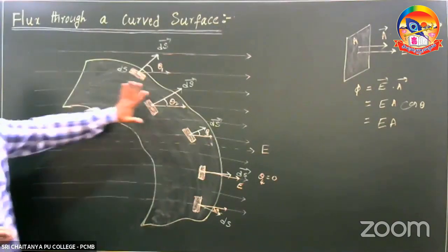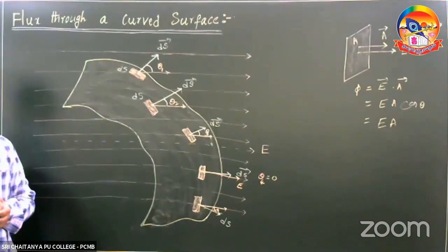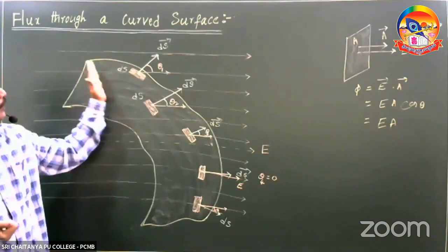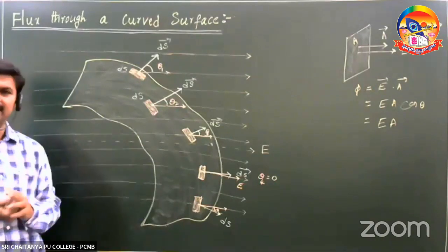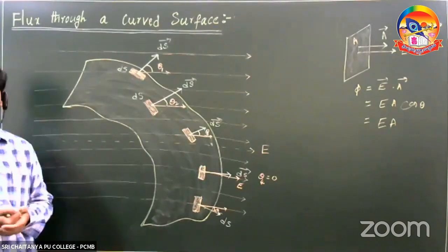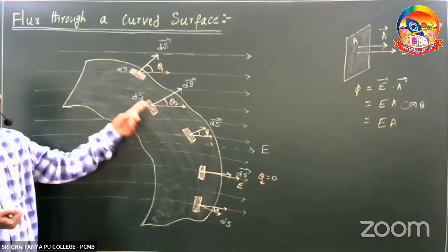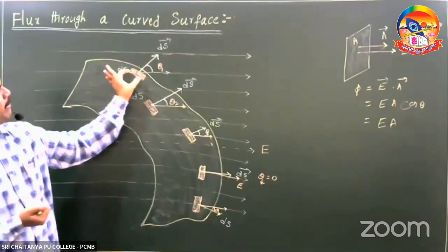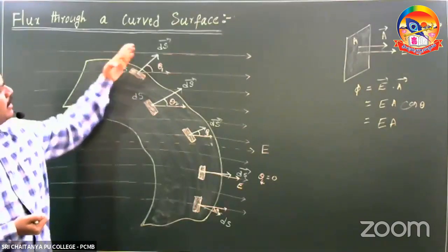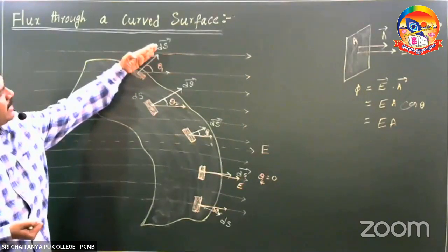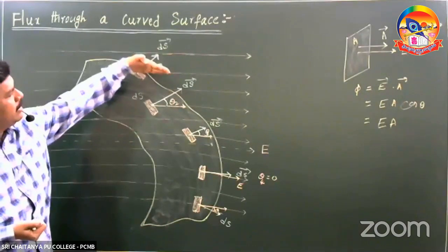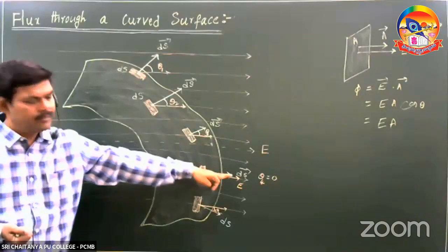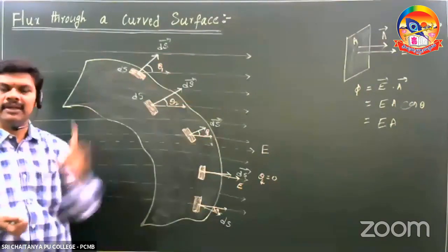So from this diagram, what we understand is, if I divide this curved surface into small elements, each of area ds, and take their area vectors, they do not make the same angle with the field, right?